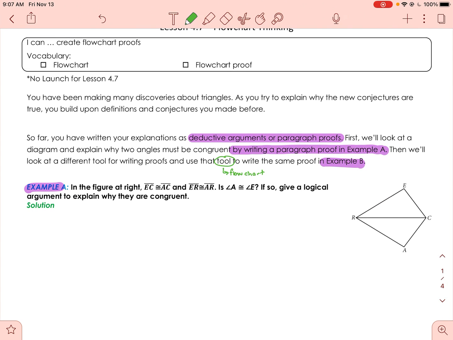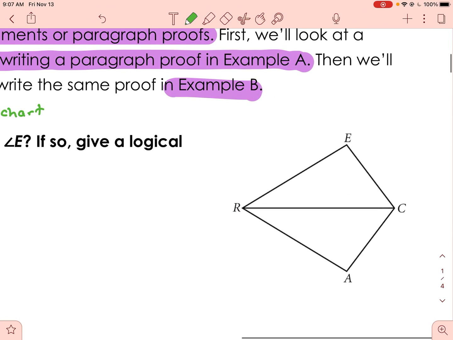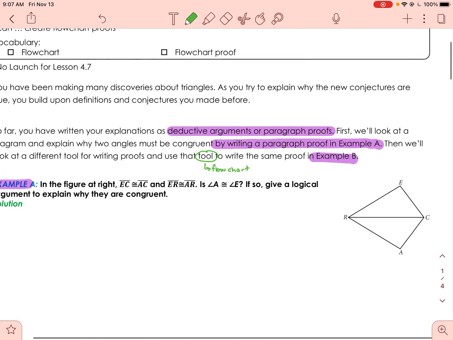So in our first example, we're going to write a paragraph proof using deductive reasoning. We're given a picture of 2 triangles, and it says in the figure at the right, EC is congruent to AC and ER is congruent to AR. Remember, when we're given these statements, we want to take our picture and mark these on the picture.